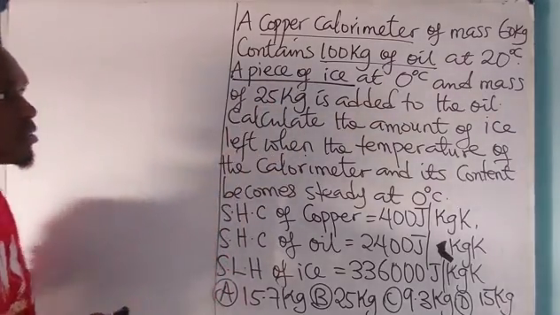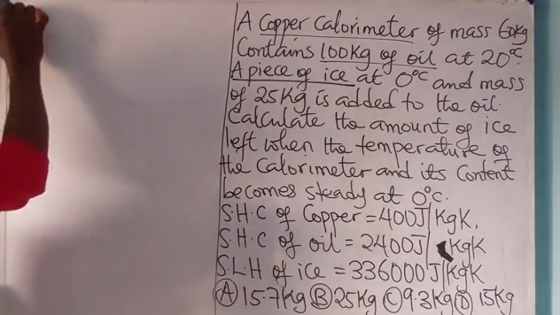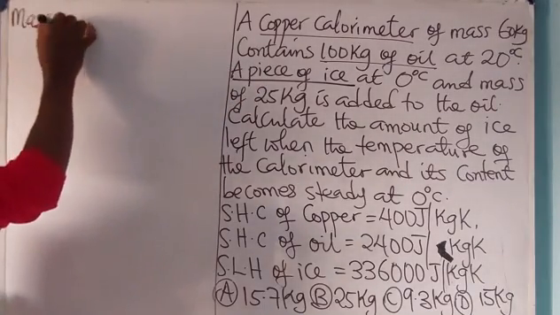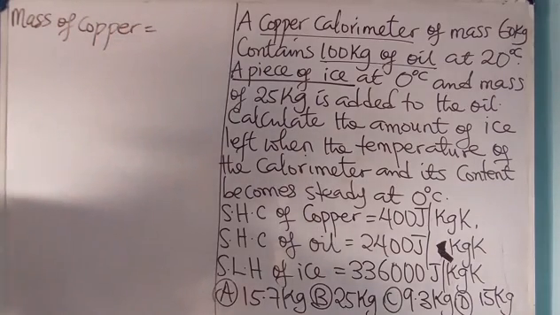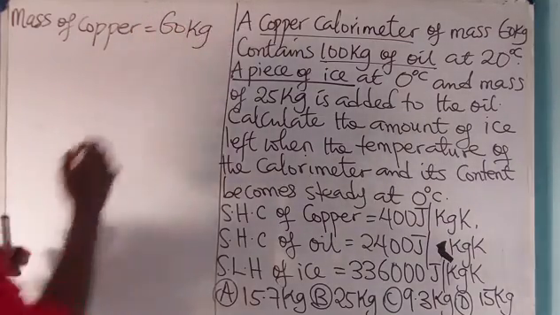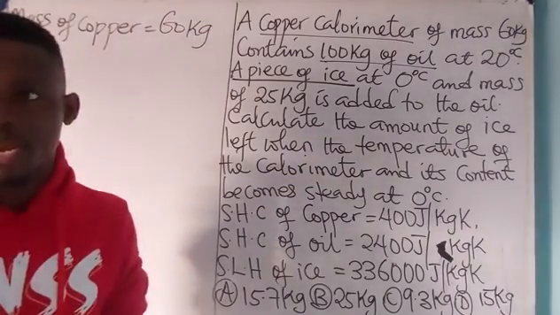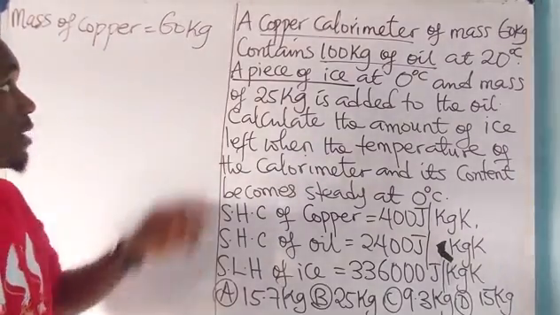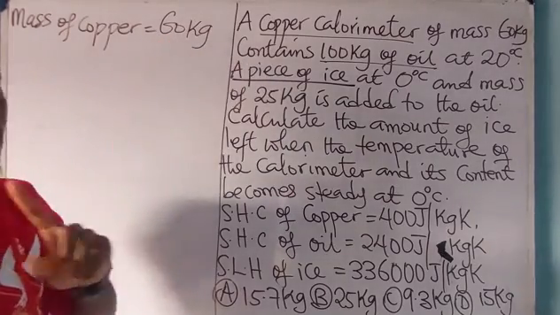Okay, let's get started. The mass of copper is equal to 60 kg. Whenever the mass is given in gram, it is very important you convert from gram to kilogram. In doing that, you have to divide by 1000.